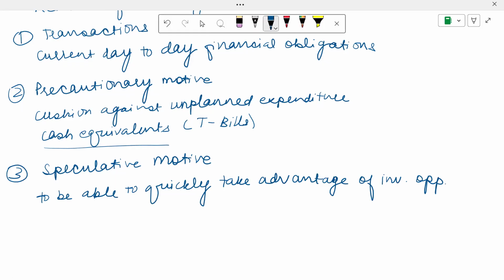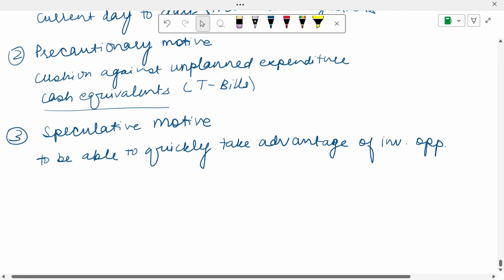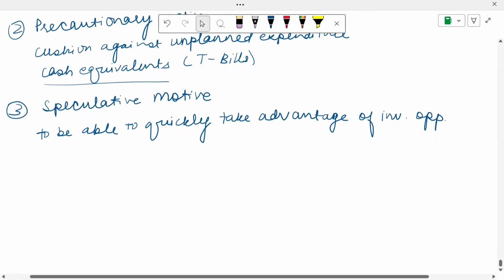So, for example, the business has found that we can take over a company. This company we have been eyeing, and suddenly the situations have become more favorable for us. So in such a scenario, we'll quickly use the cash that we have to take over that specific company.